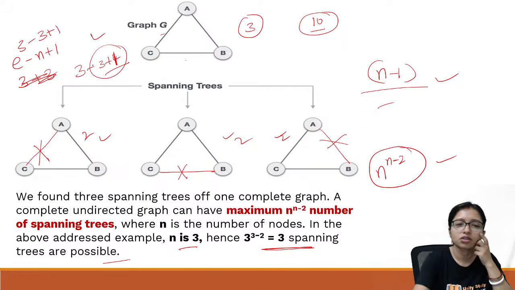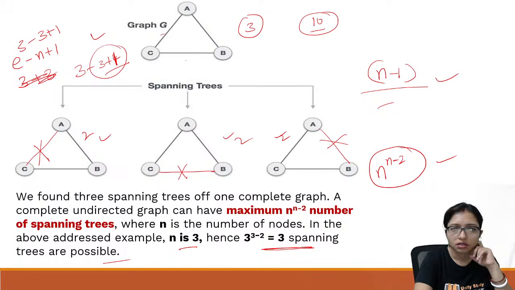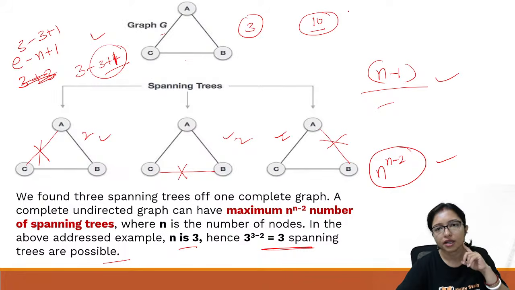No, that is not right. By removing we can construct the spanning tree. Here this is not matching, right? E minus n plus 1, that will be minus 1.